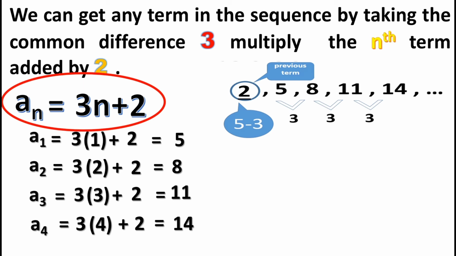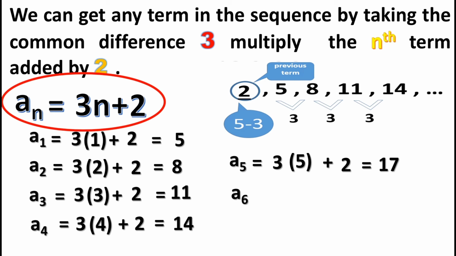Now let us try to find the next two terms by using this explicit formula, a sub n is equal to 3n plus 2. Your a sub 5 is equal to 3, substitute your n, which is 5, plus 2. That is equal to 17.